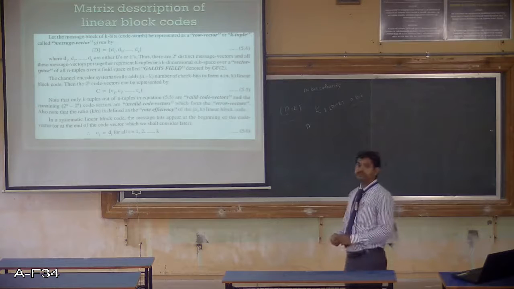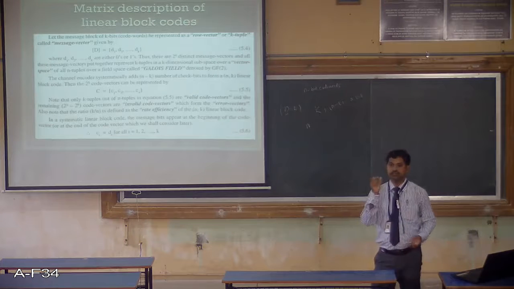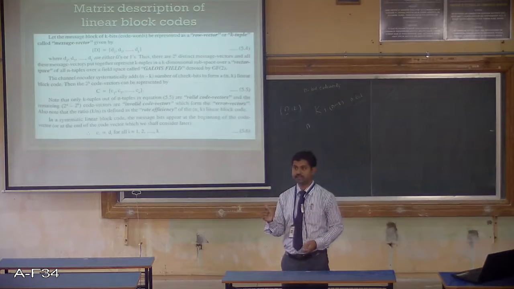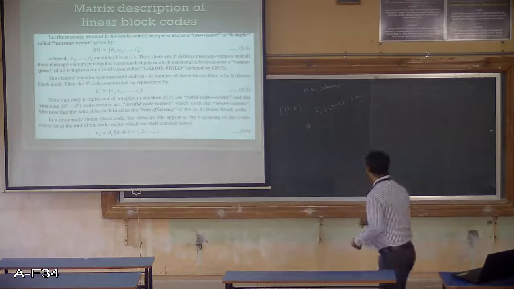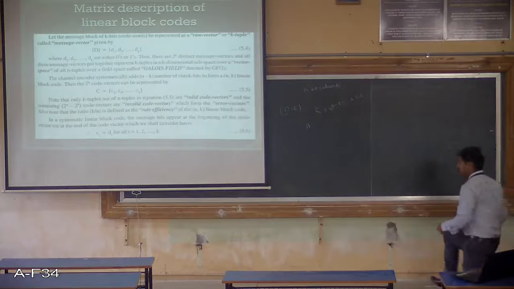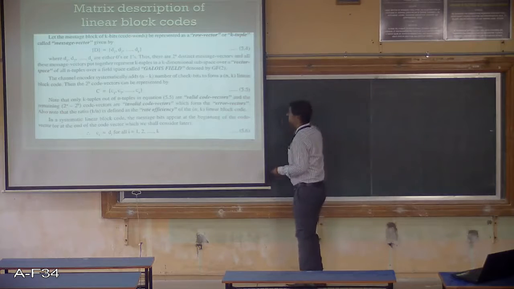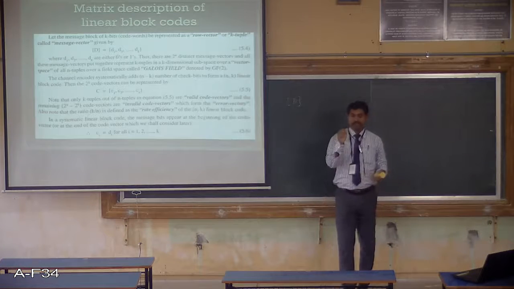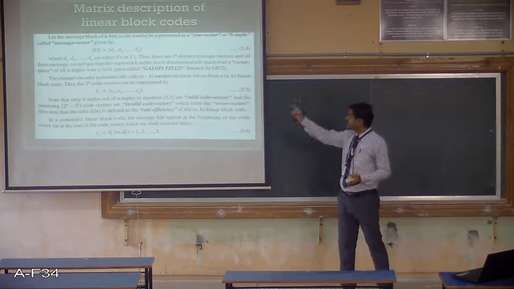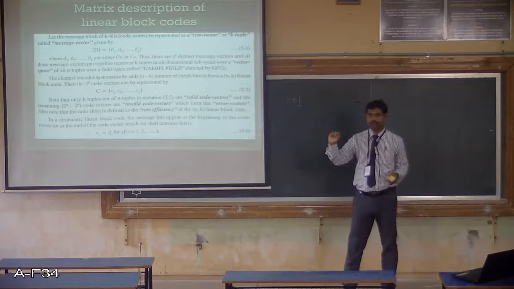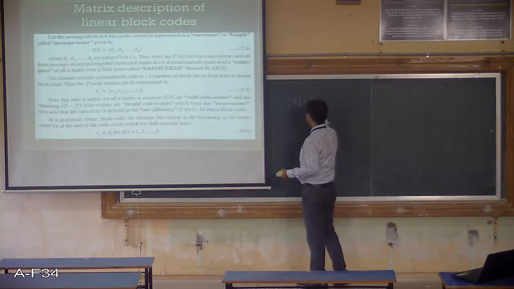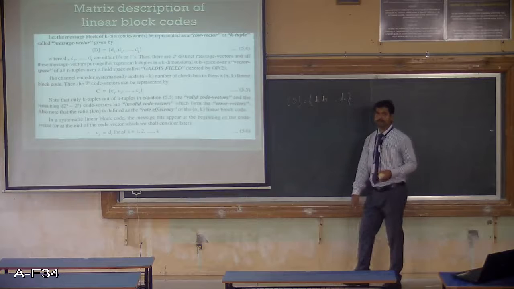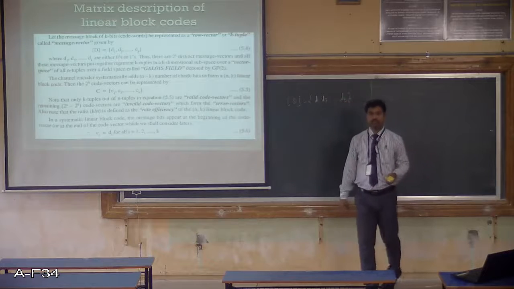Here, the information, the message, I am calling a message vector. I call it D, the data vector, and I define the data vector bits as d1, d2, and so on up to dk, where k is the total number of message bits.